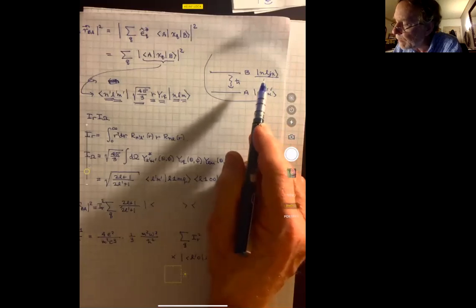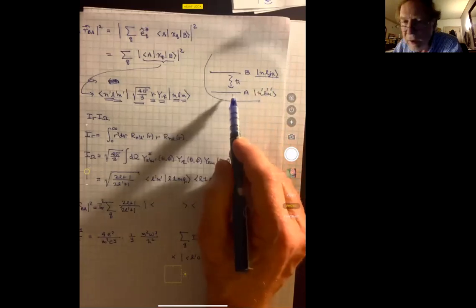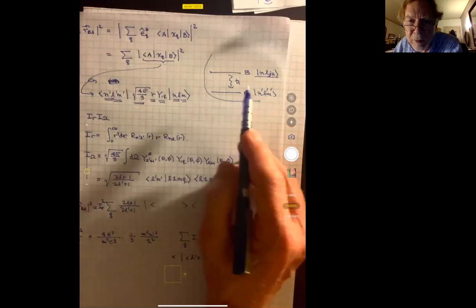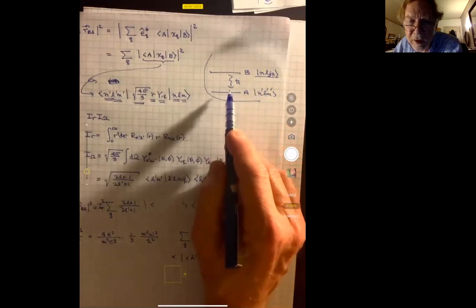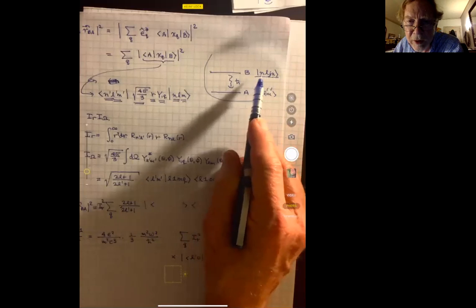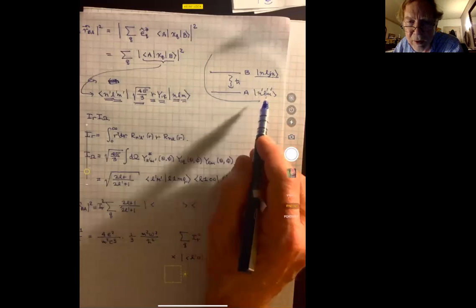Likewise, when the atom makes a transition to the lower state, there's nothing to prevent it from making a transition to any of the M prime states that it wants to. In fact, that's exactly what it'll do. And so the spectral line that you see will be the sum of the intensities of the transitions from any of these initial states to all of the final states.